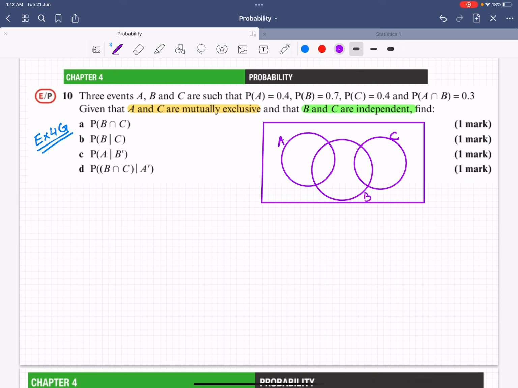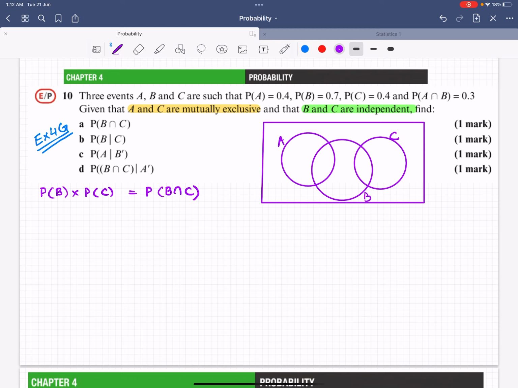Now when events are independent, in this case probability of B multiplied by probability of C is going to be equal to probability of B intersection C. This is because B and C are independent events.